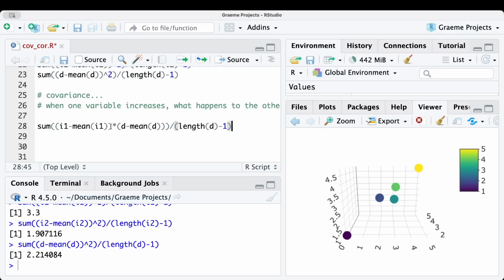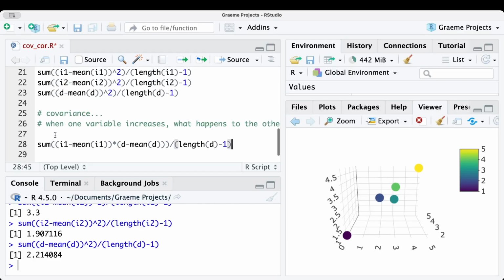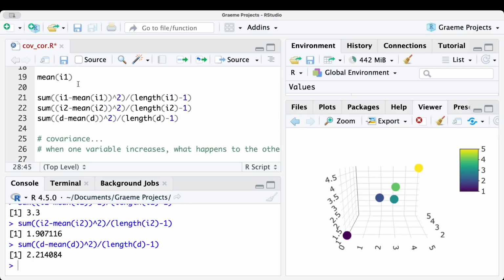It's going to look pretty familiar here. So we've got the sum of the distances between this variable and its mean multiplied by the distances between this other variable and its mean, and again divided by our sample size minus 1. This looks pretty familiar because up here you can see that this is squared.